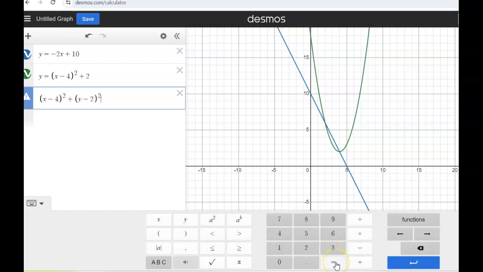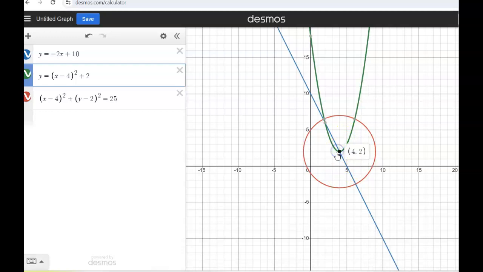And we'll have a radius of, let's say, 5. So we'll put in equals 25. So as we can see here, we have a center at this point 4, 2. We have an intersection of the linear equation as well as the quadratic equation, and they both intersect at the same point.